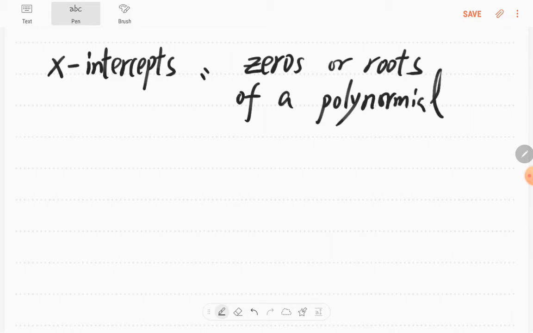Okay, so the x-intercept of a polynomial is also called the zeros or the roots of a polynomial. So it describes the intersection between the curve and the x-axis.